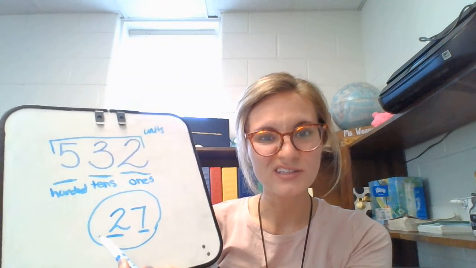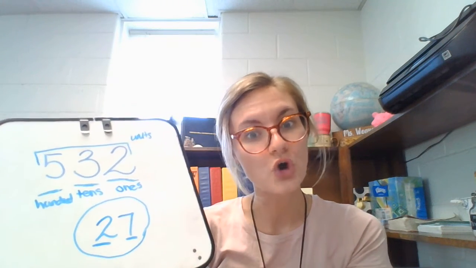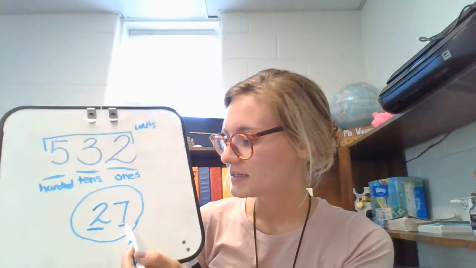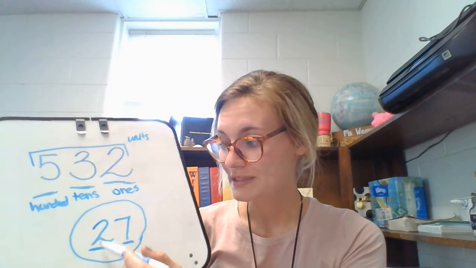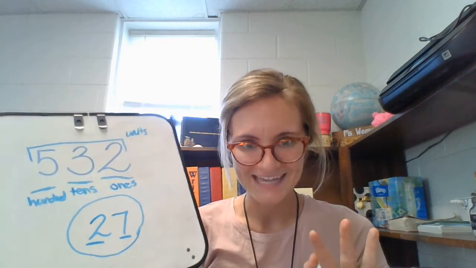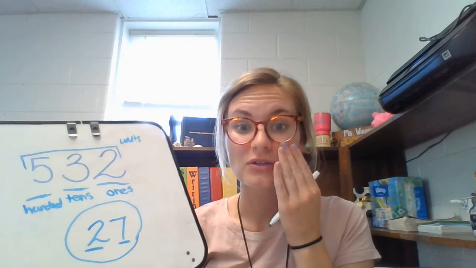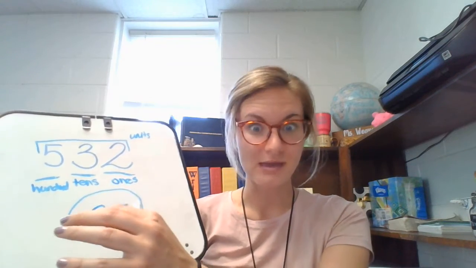Do we have a hundreds? No, we don't. Nobody's home in the hundreds family. Now, ones is our smallest unit. There are 7 of them. 2 is in the tens, so that means 20. So that means 2 tens. That one is our next biggest. And then hundreds would be our biggest.